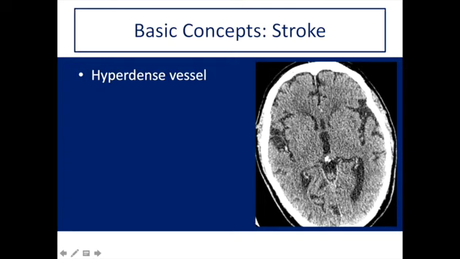We will talk about where to look for hyperdense vessels when we go through our approach later, but for now, understand the basic principle. The second main thing to look for is loss of gray-white differentiation. As we have mentioned many times, the gray matter is slightly more dense than the white matter. In acute ischemic stroke, the cells in the gray matter distal to the occlusion are deprived of blood supply.